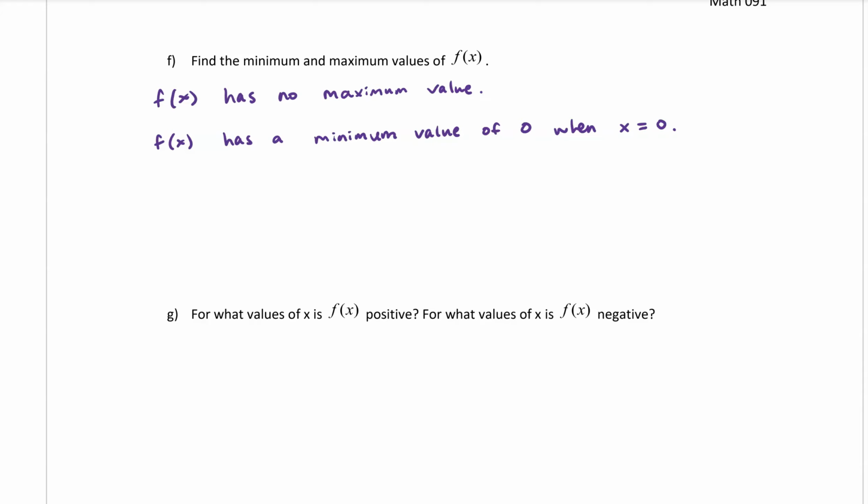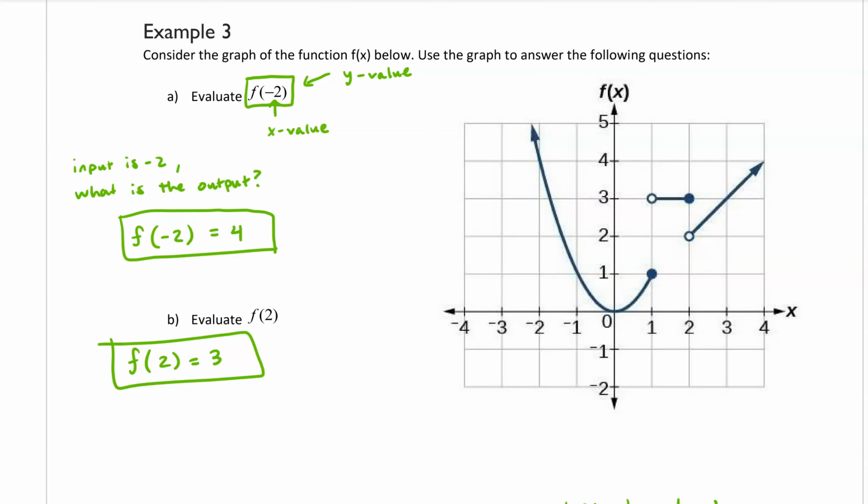Part G says, for what values of x is f of x positive, and for what values of x is f of x negative. Now, looking back at our graph, notice that the graph doesn't fall below the x-axis. That means that our function is never negative, but it is almost positive everywhere.